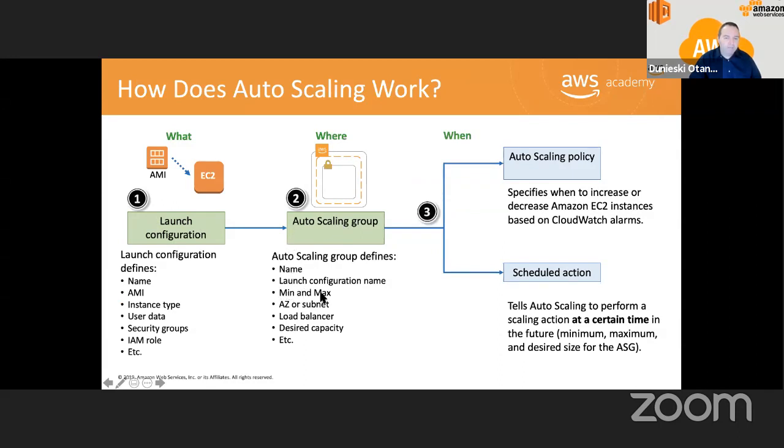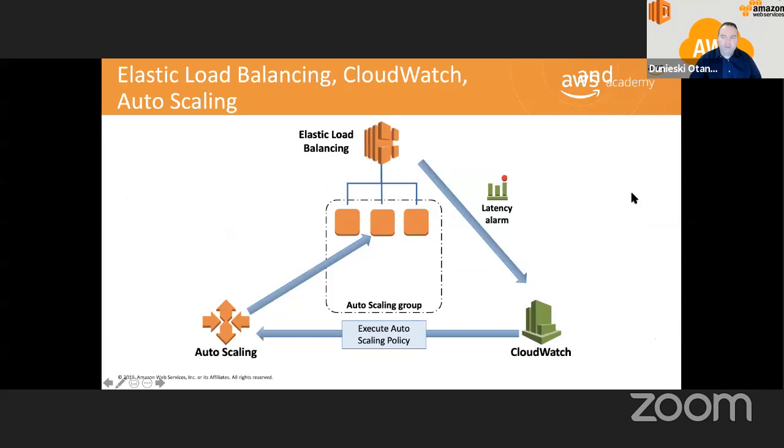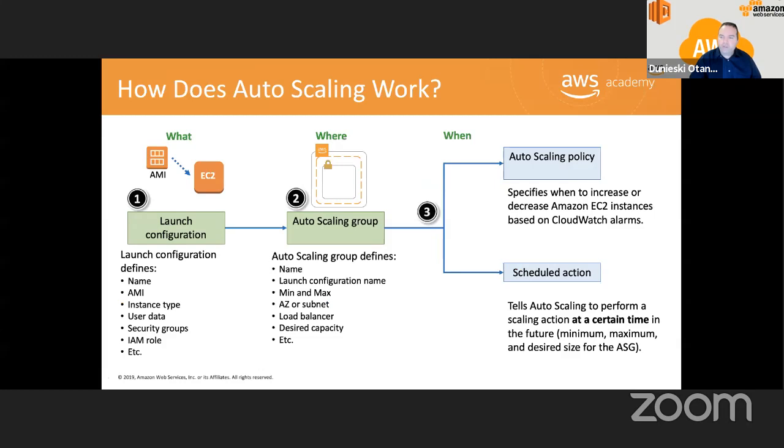So you can have a minimum and max size. You can choose the AZ or subnet, a load balancer, and the desired capacity. You can have an auto scaling policy, specifying when to increase or decrease Amazon EC2 instances based on CloudWatch alarms, or you can schedule actions, telling auto scaling to perform a scaling action at a certain time in the future, with minimum, maximum, and desired size for the auto scaling group.